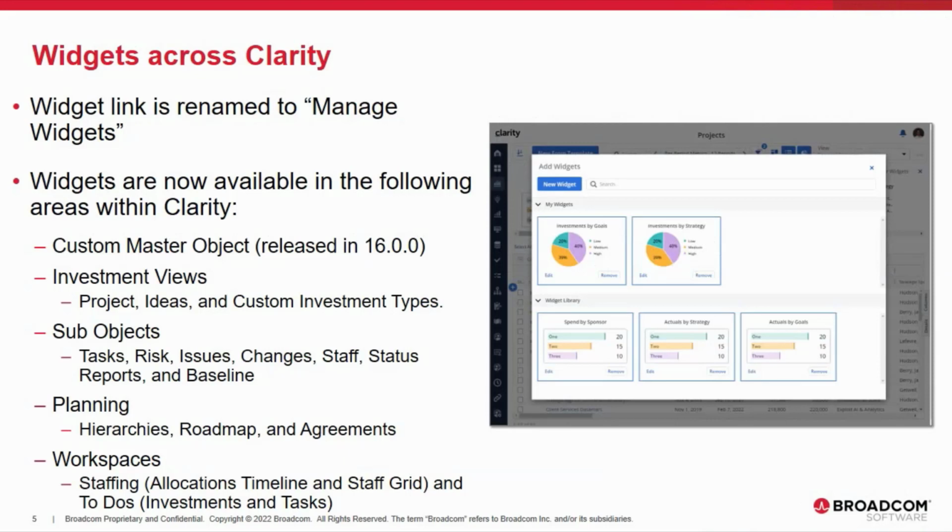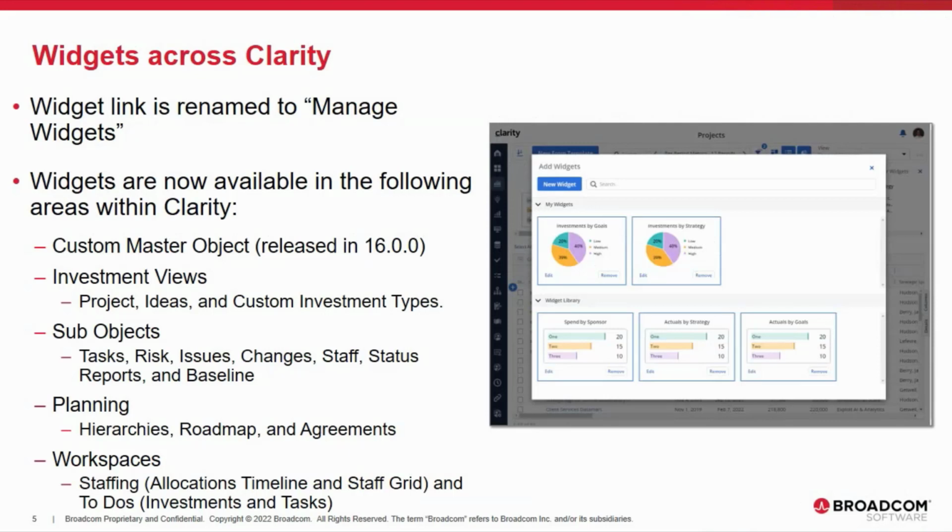The widgets are now available in the following areas within Clarity. Custom Master Object, which was released in the prior release of Clarity. And the new places where it's going to be available is within the investment views: the project, ideas, and custom investment type, grid layout, and board layout. Sub-objects, it'll be available under the task, risk, issues, changes, staff, status reports, and baseline.